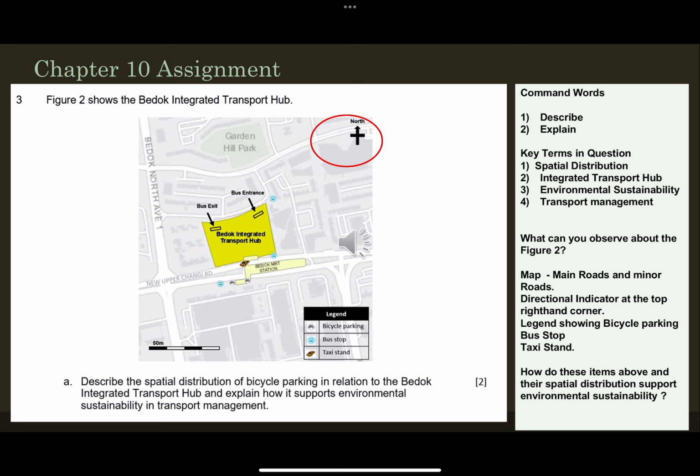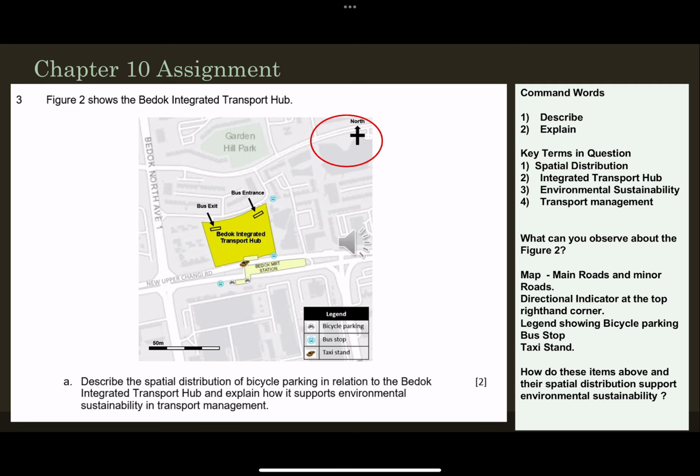of where the bicycle parking is with respect to the integrated transport hub, and from its location, you have to explain how its location supports environmental sustainability, how the transport planners locate the bicycle parking near to the Bedok Integrated Transport Hub. How does it support environmental sustainability?